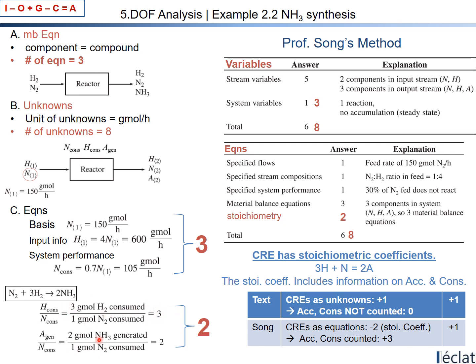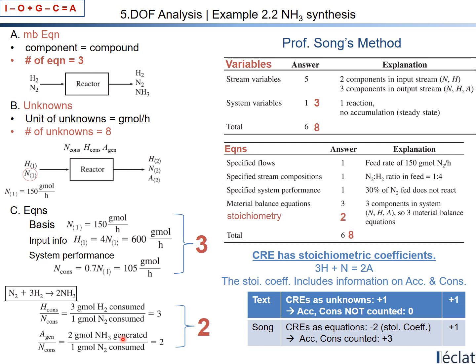The second thing is ammonia generation per nitrogen consumption, which is equal to 2. It means by consuming 1 more of nitrogen, you could produce 2 more of ammonia. So right now you have additional equation number 2.